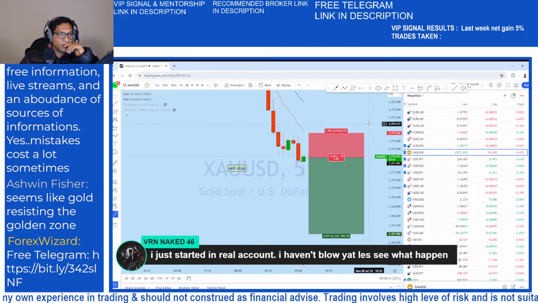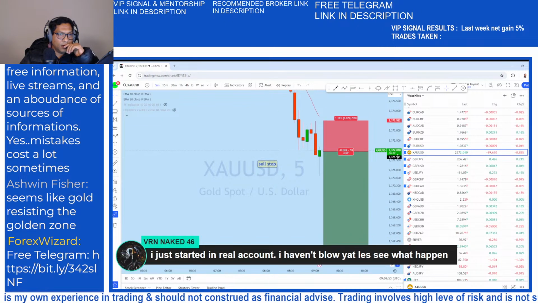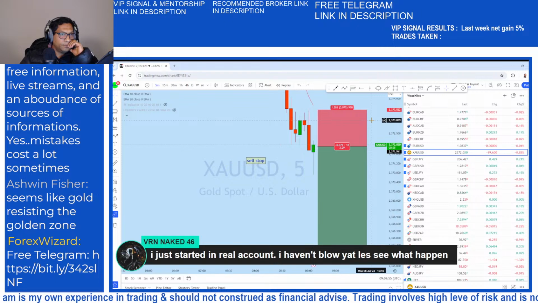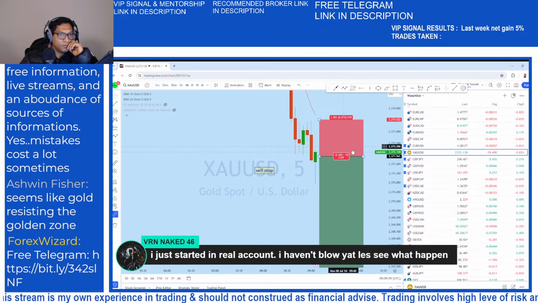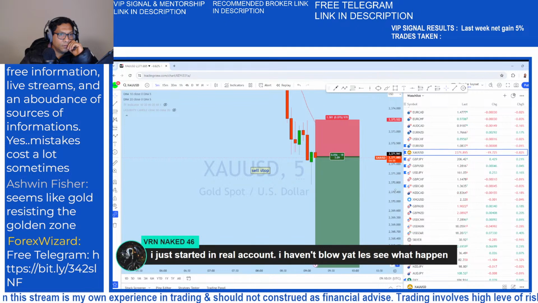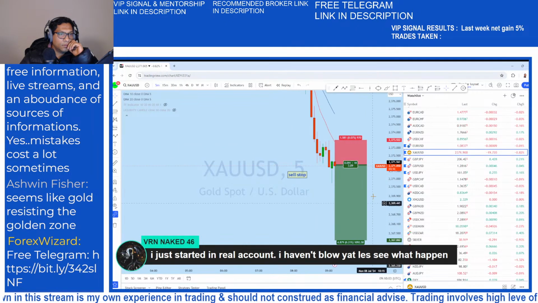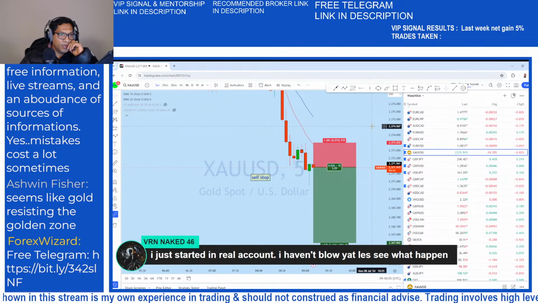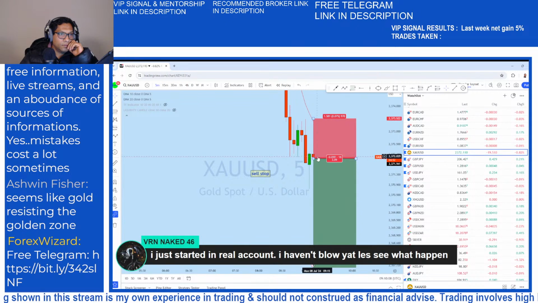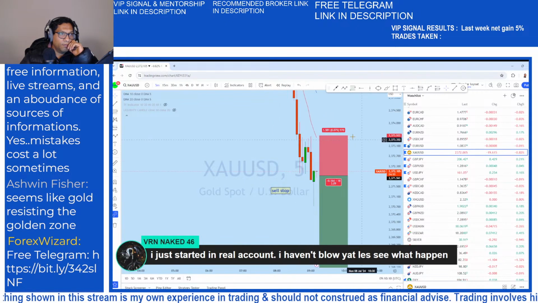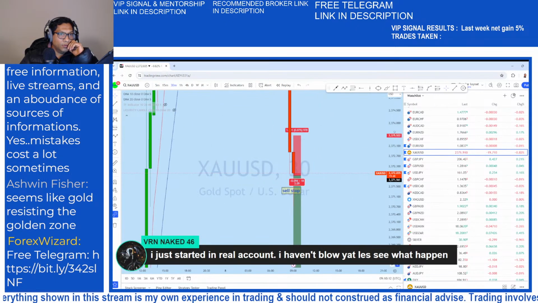Let's see here. This is the 5 minutes candle forming, kind of dodgy. It's breaking in that direction. Come on, wanna break, wanna bounce.